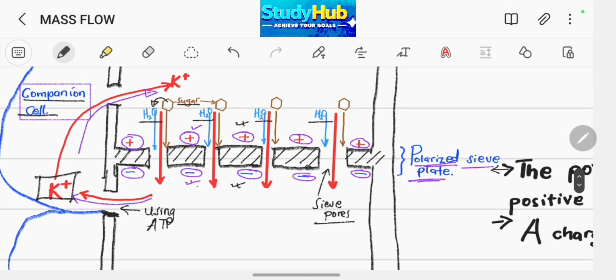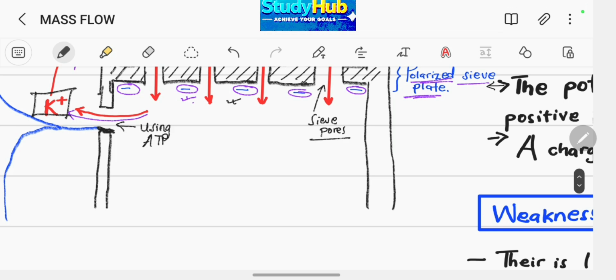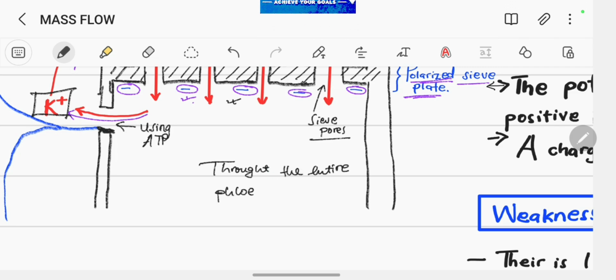And as it moves like that, that's what will cause movement of our sucrose from one sieve element to another. So this process repeats throughout the entire flow.